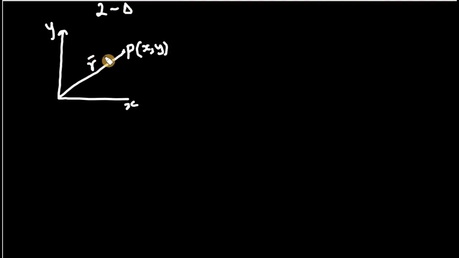Of course, the vector itself is given as x i plus y j. So this is the notation of this vector.